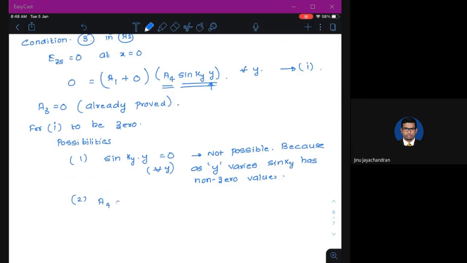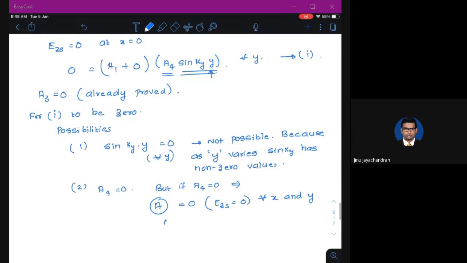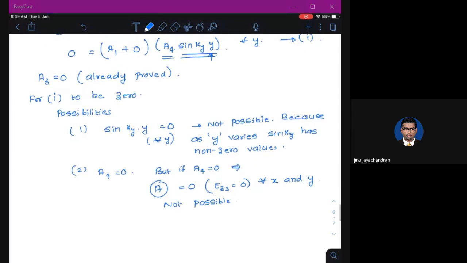Second possibility, A4 is equal to 0. But if A4 is equal to 0, it implies equation A is equal to 0, that is EZS is equal to 0 for all x and y. Not possible, because you need to have some value of EZS inside the waveguide. Only on that boundary you need to have the value equal to 0.